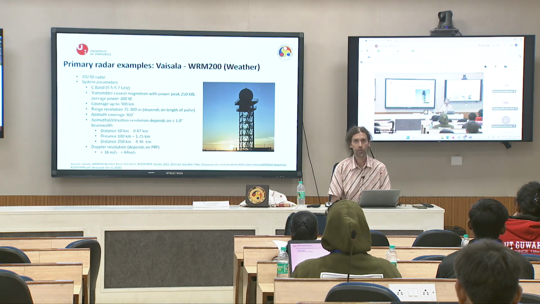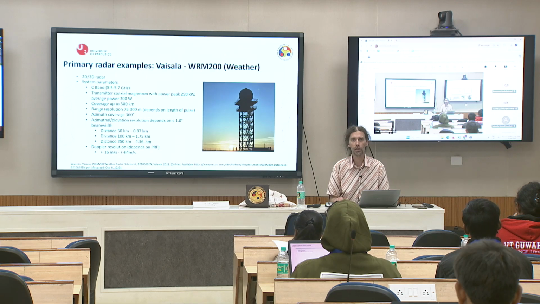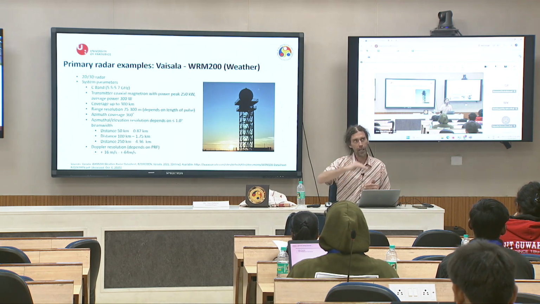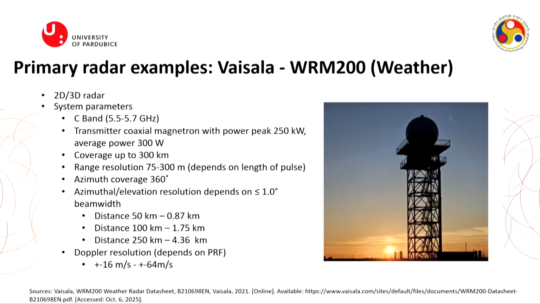Why use a different frequency? Because this frequency is suitable for measuring atmospheric artifacts. It is better. If you go to higher frequency, that means wavelength will be shorter, and you get reflection from smaller objects, and then your signal doesn't pass through snowing or something like this.